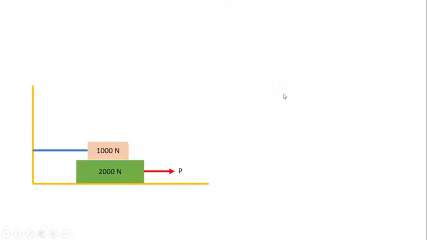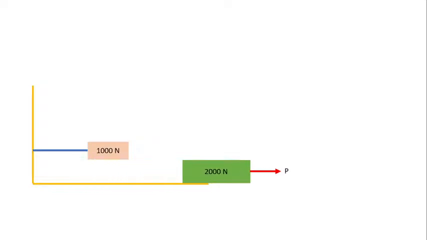Now consider the movement of block B, with block A stationary. Block B will move like this to the right and block A will be stationary.